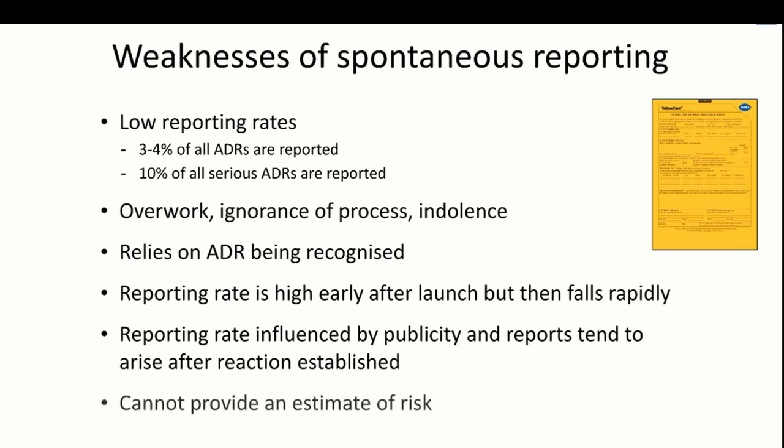Although spontaneous reporting can help to generate signals, it can't quantify the extent of any risk because not all reactions are reported and the total number and duration of exposures to the drug in question is also unknown. These inherent and important weaknesses have stimulated interest in other approaches to pharmacovigilance, and I would now like to consider some of them.